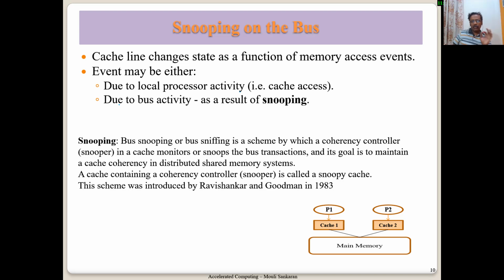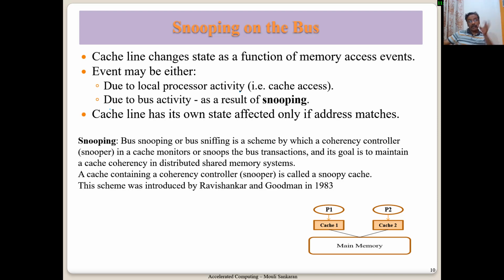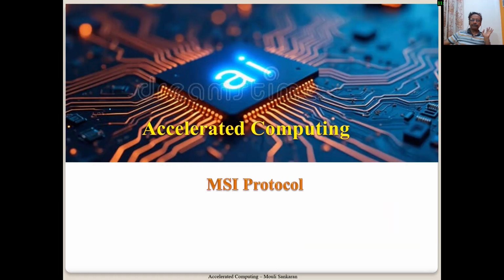Here we are going to use the policy called write invalidate, and implement it using some protocol, and for that we need snooper hardware, which monitors not only the transactions between the CPU and the cache, but also whether any accesses or changes are happening to the blocks I have in my cache, initiated by other cores in the system. It is called snooping, and because of that, the cache line states are going to be modified.